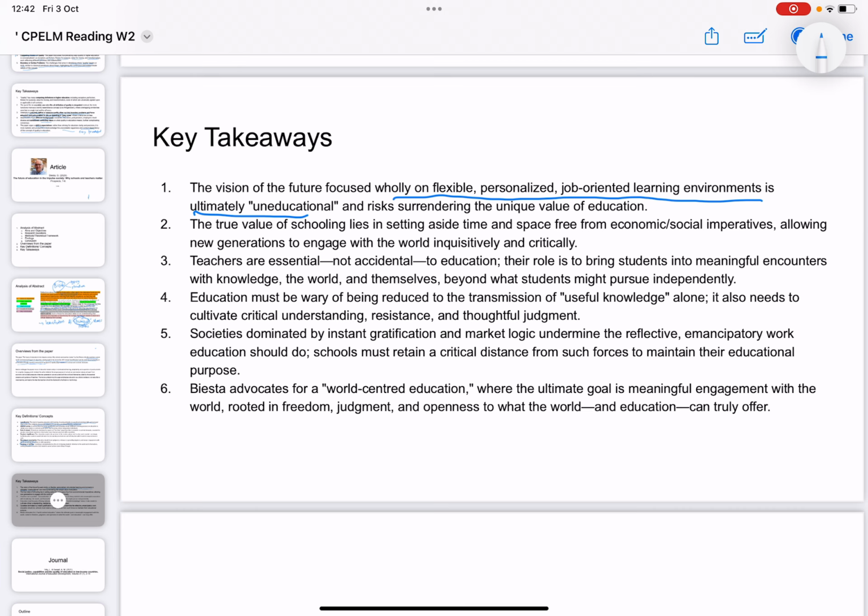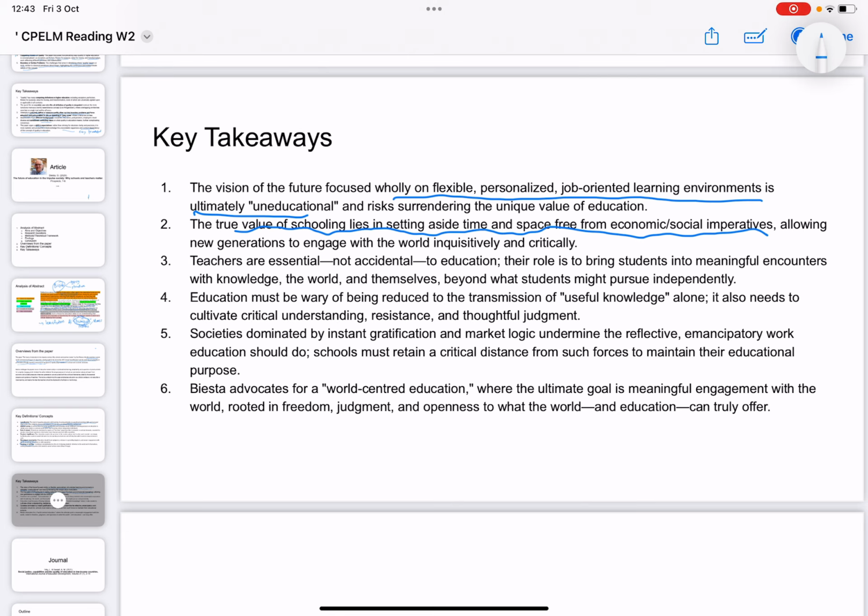Biesta says the true value of schooling lies in setting aside time and space free from economic and social imperatives, allowing the new generation to engage with the world inquisitively and critically. Again, I think there is this Maslow hierarchy, right? If your basic needs are not fulfilled, then it's very hard for you to critically engage with the world and be inquisitive about it.